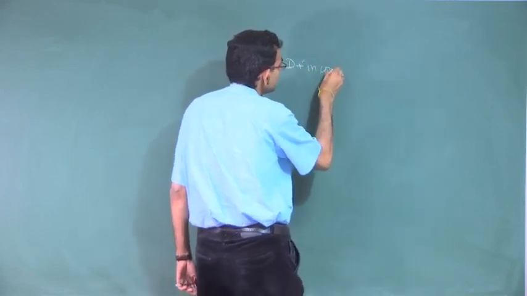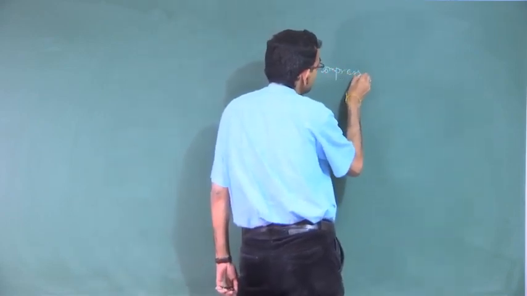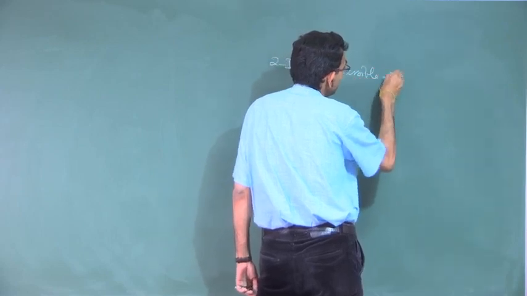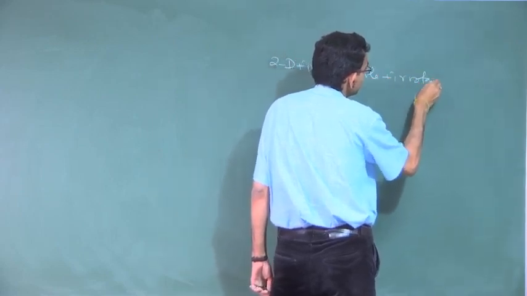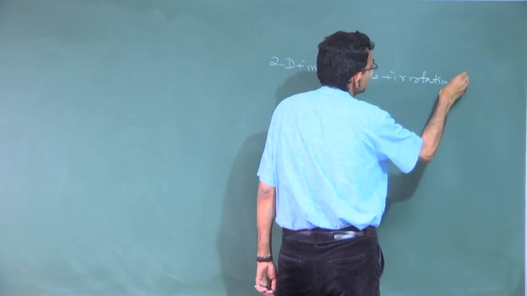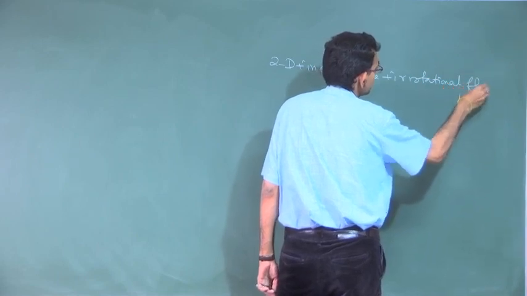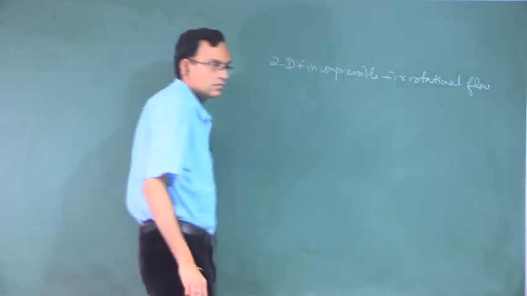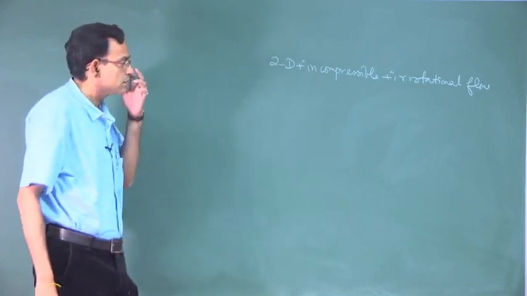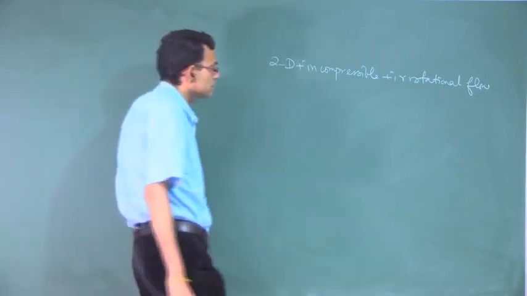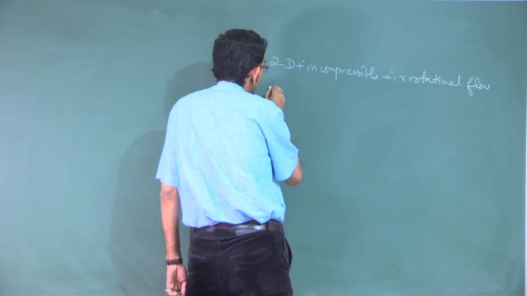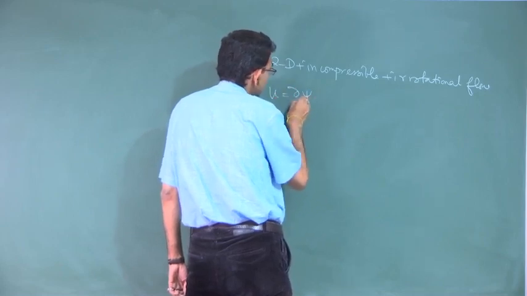The other important fact will come out if we consider the two dimensional incompressible plus irrotational flow. So, you have u equal to del psi del y.